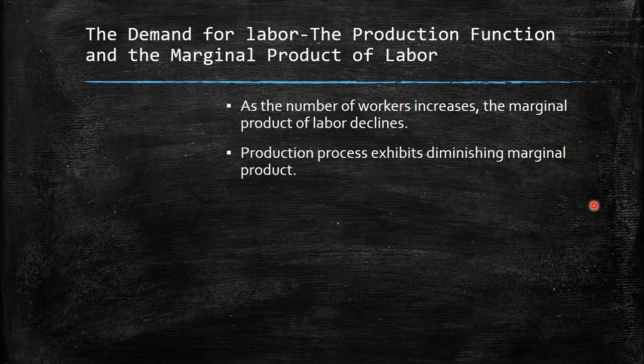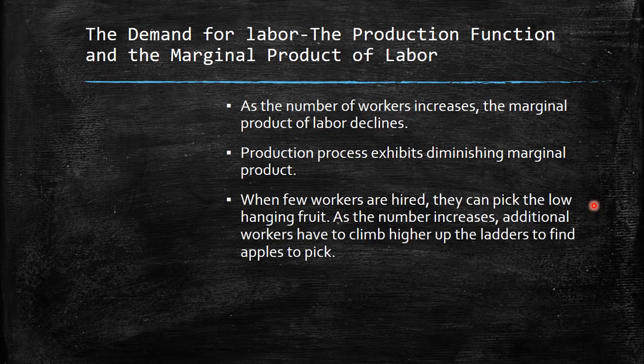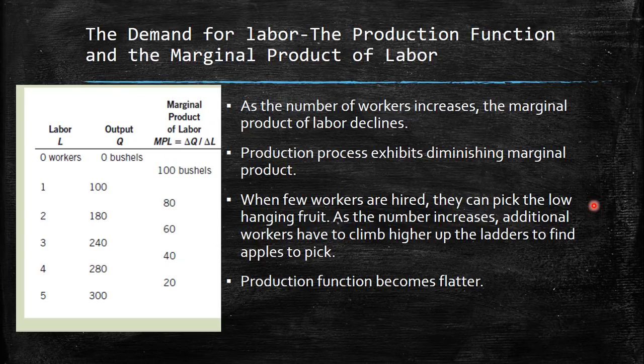When few workers are hired, they can pick the low hanging fruit. This is an example to grasp the idea a little better. As the number of workers increases, additional workers have to climb higher up the ladders to find apples to pick. Then the production function naturally becomes flatter.